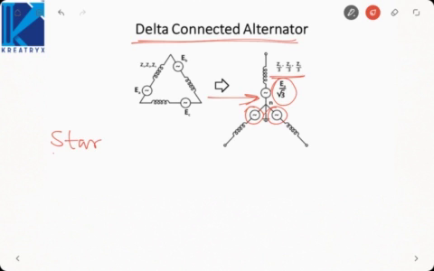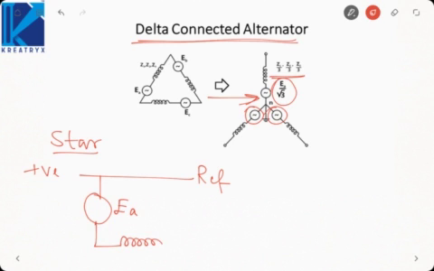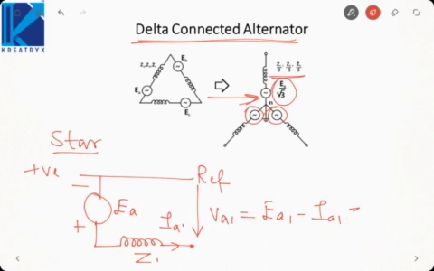Now in case of star, positive sequence would be: reference bus, EA, Z1. This is IA1. So this is VA1, which will be equal to EA1 minus IA1 into Z1.